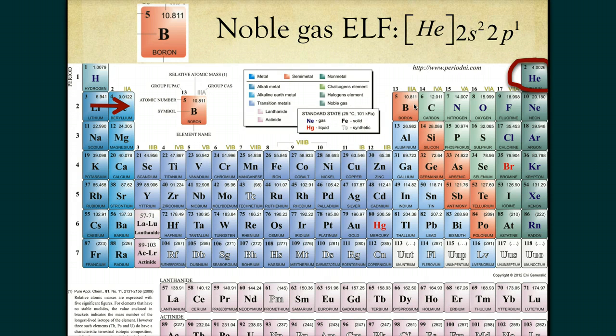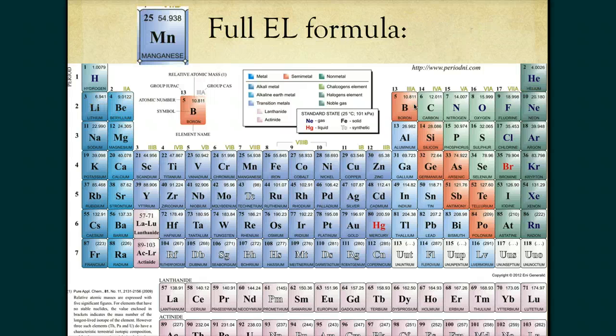Well, that's kind of too short and too boring, so we're going to go into something more complicated like manganese. And you remember that we ended up at 3d, 1, 2, 3, 4, 5. 3d5 was our last one. So I had to write out all these guys to arrive to whatever I have in the end. But the shortcut would be, again, to look at the noble gas and see what comes before manganese.